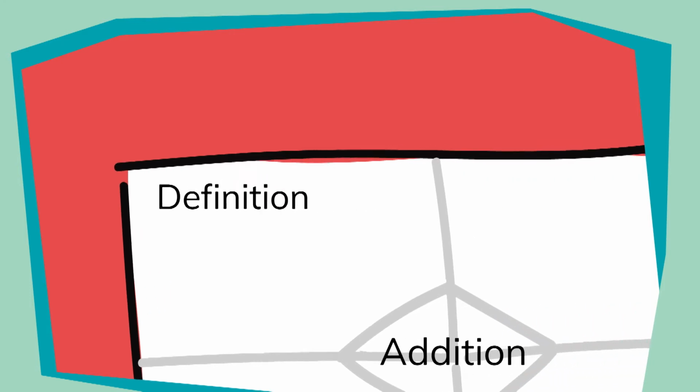Okay, great. We're going to write addition in the center diamond because this is the word we need to understand more about. Then in the upper left rectangle, we're going to define, or write, what addition means. So let's write the word definition here. Okay, great. In the upper right rectangle, we're going to provide an example of addition.